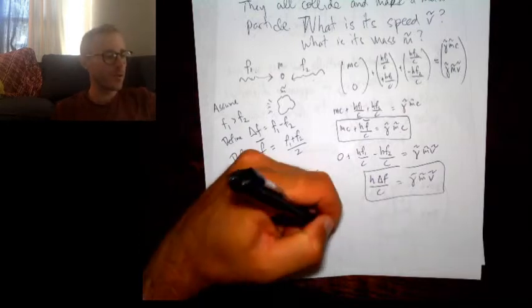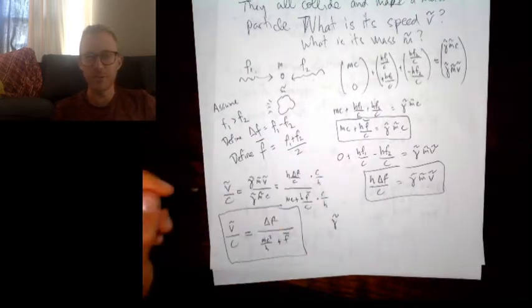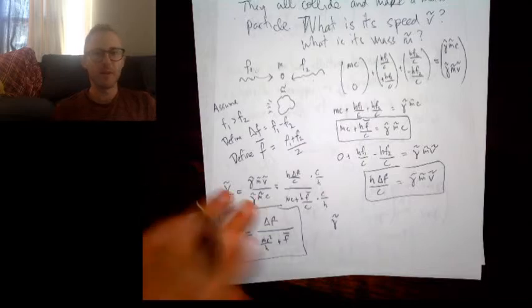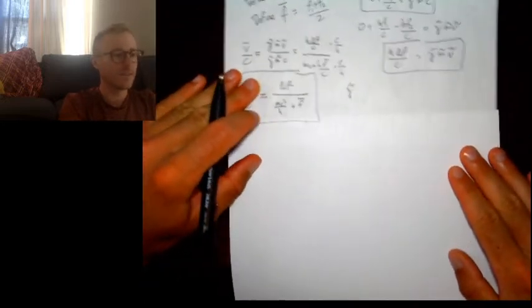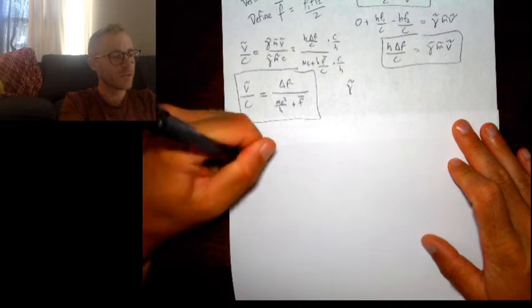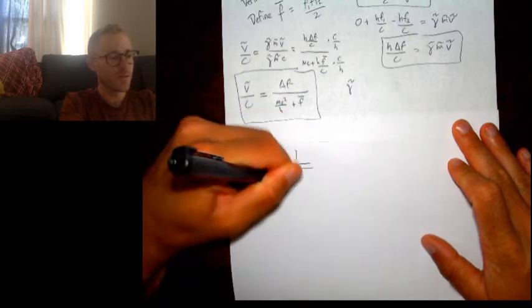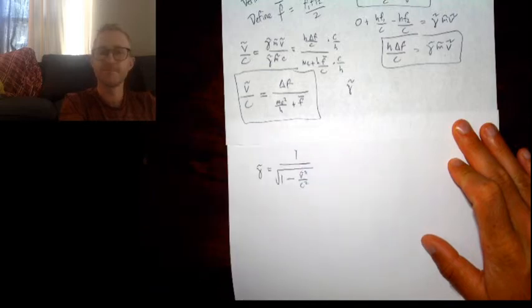Now we have to figure out what is gamma squiggle. And this one's going to be not so fun. So we can get some fairly nasty formulas. So I'm actually going to go to a different page. Gamma squiggle would be 1 over the square root of 1 minus V squiggle squared over C squared.